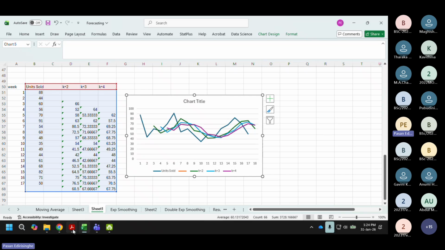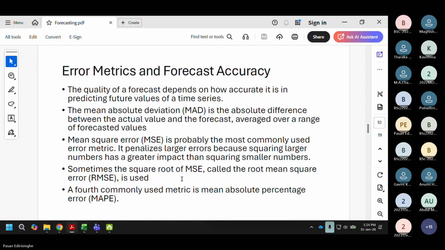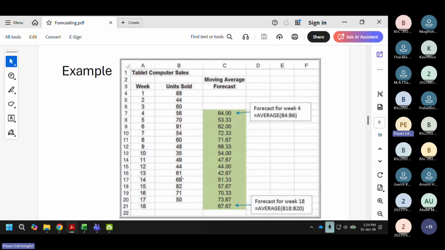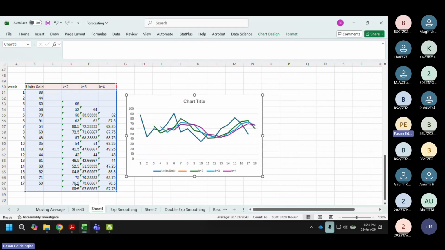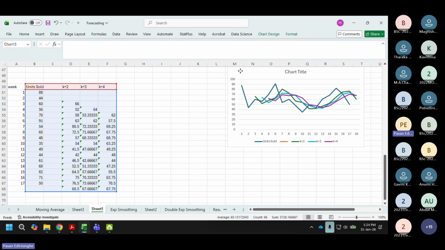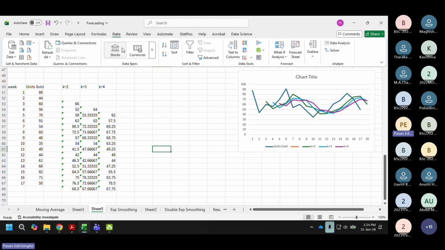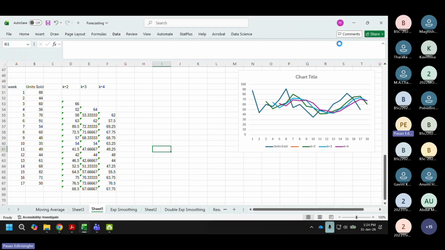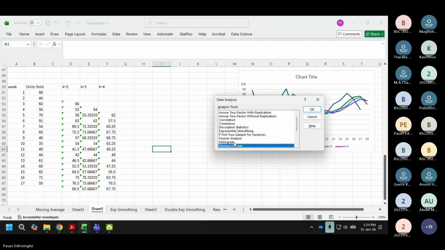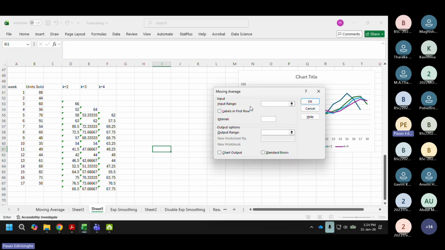Yeah, that is for k equal 3, and like that, of course, we can apply this moving average concept. And this is just what I applied using the average function, right? Also, you can notice that if you use the data analysis package here, there you can also find that the moving average function is there, so you can use it.